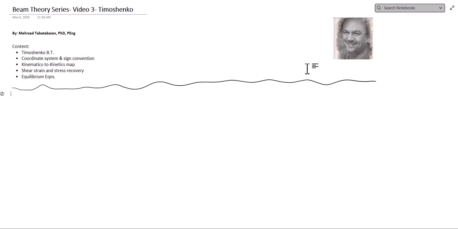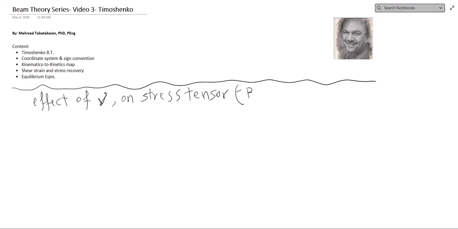So here I would like to talk about the effect of Poisson ratio mu on the stress tensor, basically for Euler-Bernoulli beam theory.